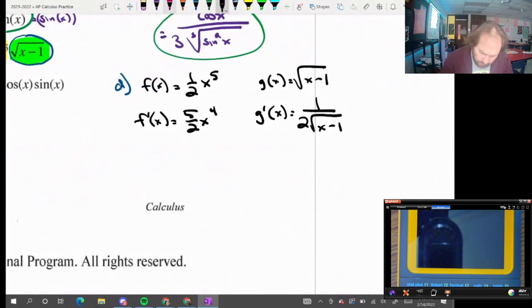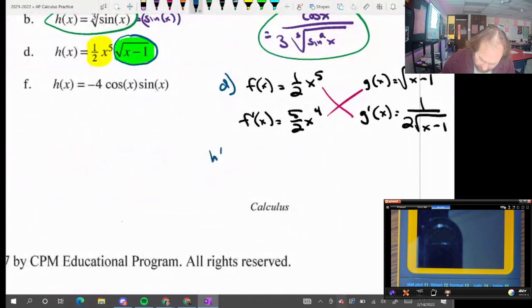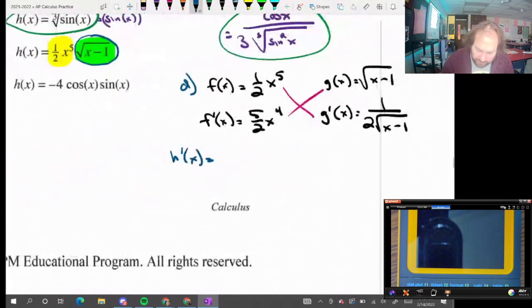So, at this point, we're going to use the product rule. We're not going to simplify a ton of anything. H prime of x. Let's start with the original f times the derivative of g. The 1/2s in front will actually combine together to make 1/4, 1 on top, 4 on bottom. We are going to have x to the 5th on top, and the square root of x minus 1 on the bottom.